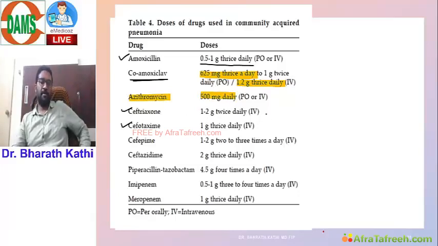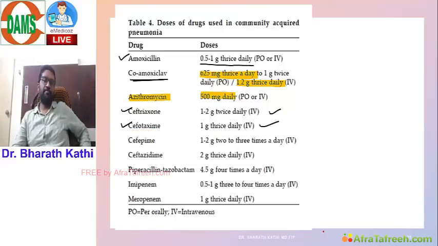Ceftriaxone 1 gram BD, cefotaxime 1 gram BD or TID. Then cefepime, in few centers they give cefepime 1 to 2 grams BD. Then ceftazidime 2 grams TID. Piperacillin tazobactam, again a common drug.